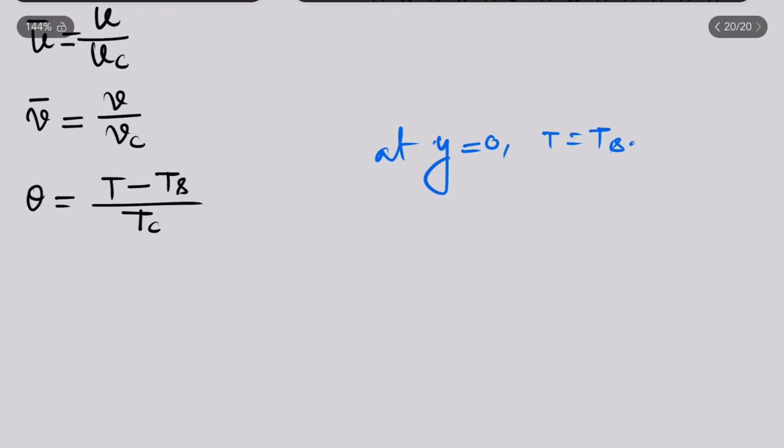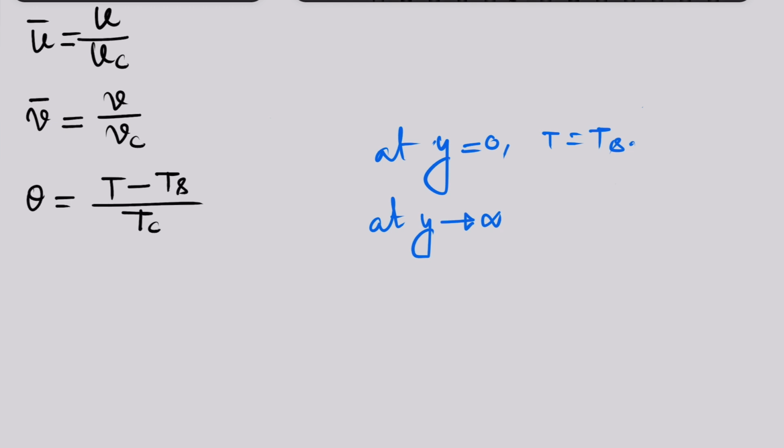So now what should be this Tc? Let us look at another boundary condition. At y bar tends to infinity, I will not say that y bar tends to delta, okay, that is clear. So now at y tends to infinity means it is much greater than the boundary layer.